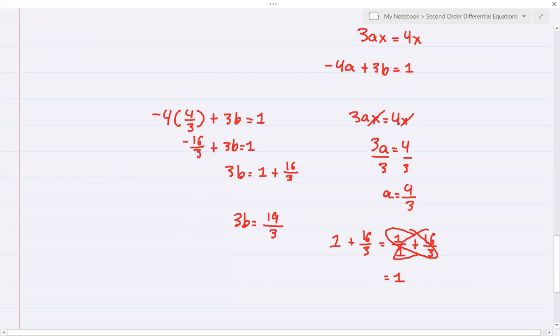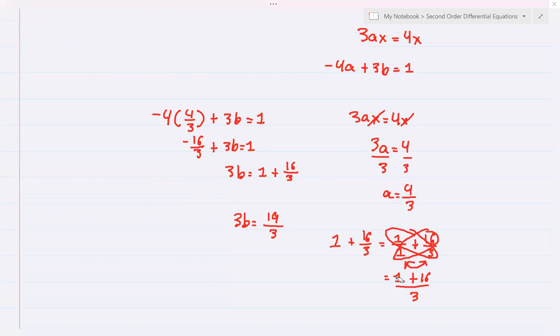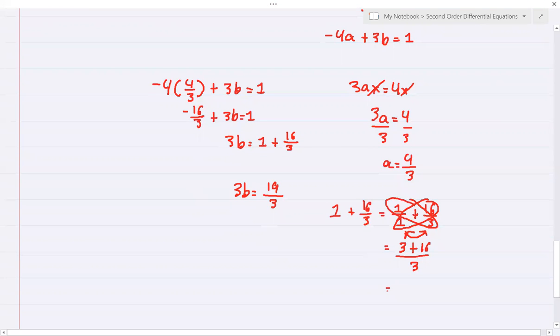Next, 1 times 16 will give you plus 16, all over 1 times 3, or multiplying both denominators, which is 3. So here, 3 plus 16 is 19, then all over 3. So that's how you get it.